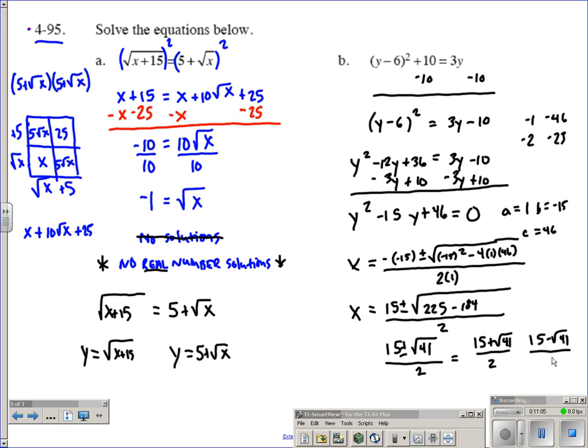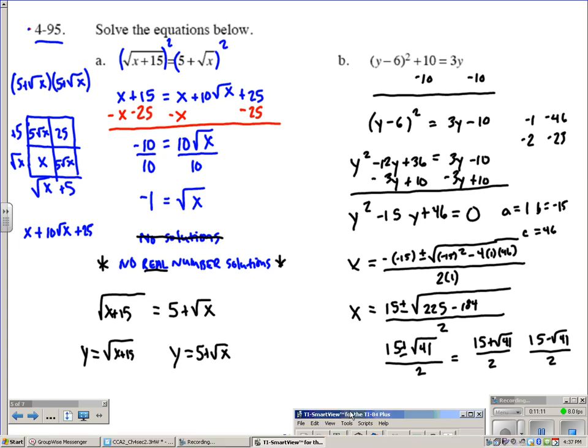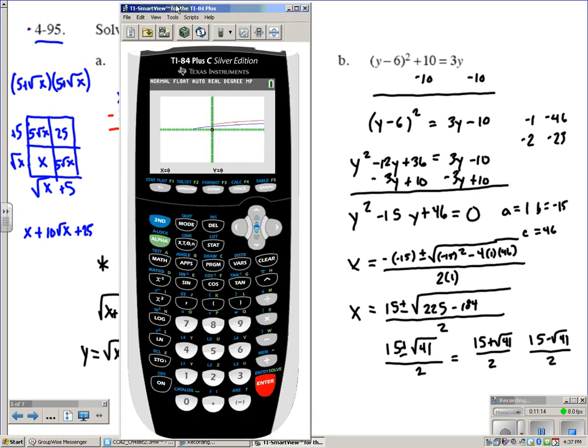Man, this looks like a bunch of fun. So let's get out our calculator to help us out. Let's get out of our graphing mode and just type in these values. We're going to have 15 plus the square root of 41, and I'm going to divide it by 2.